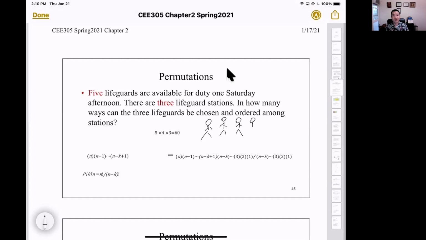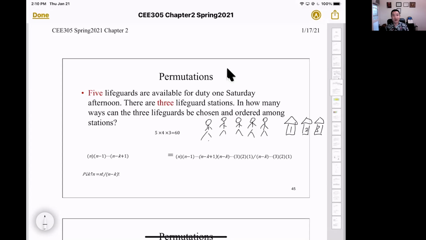Sorry for the drawing. It's hard to draw on the laptop. And also we have 3 stations. Let's see, this is station 1, station 2, and station 3. So the first step is we choose from these 5 lifeguards.